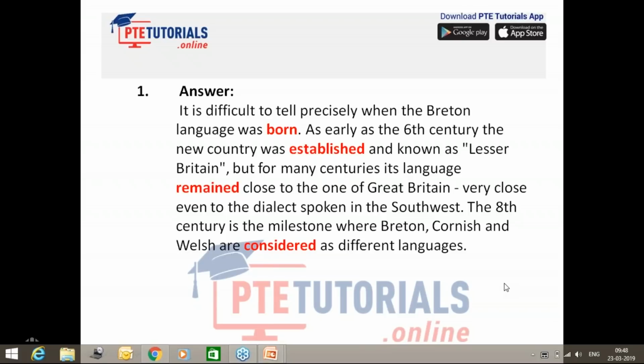You can get confused between taken or considered. I cannot write it was taken as different language. It was considered as. You don't take the language, you just follow something and you consider the things which are there in the languages. So these are the answers.